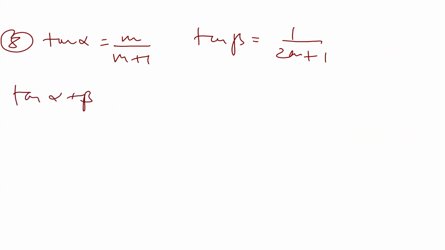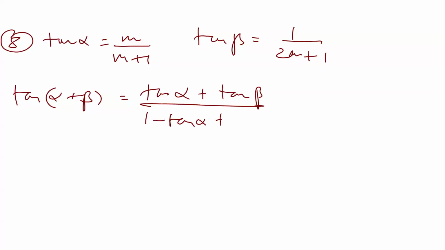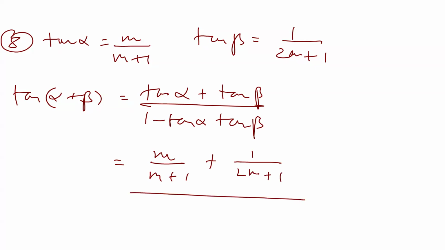So tan(alpha plus beta) is equal to tan alpha plus tan beta over 1 minus tan alpha into tan beta. That is m upon m plus 1 plus 1 upon 2m plus 1, over 1 minus m upon m plus 1 into 1 upon 2m plus 1. So this will be the LCM over here.